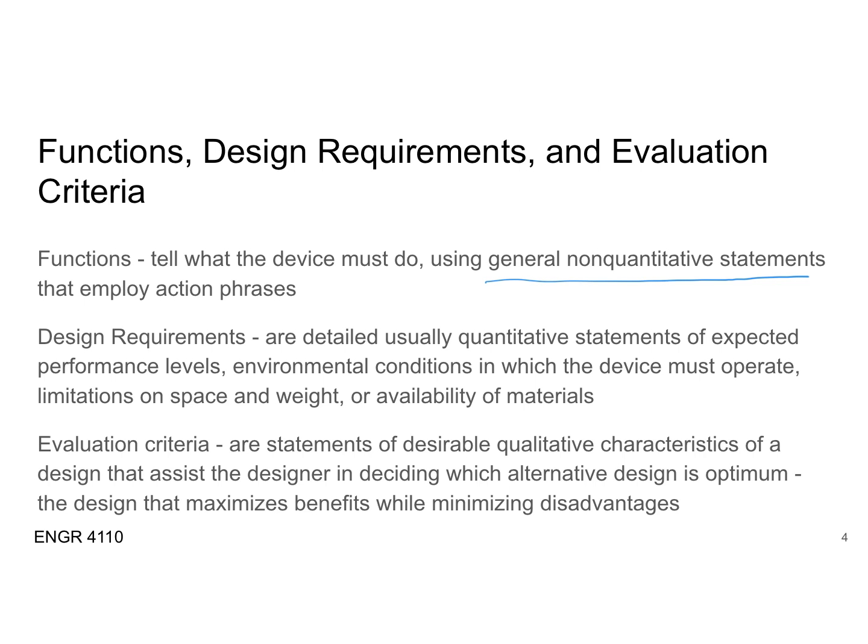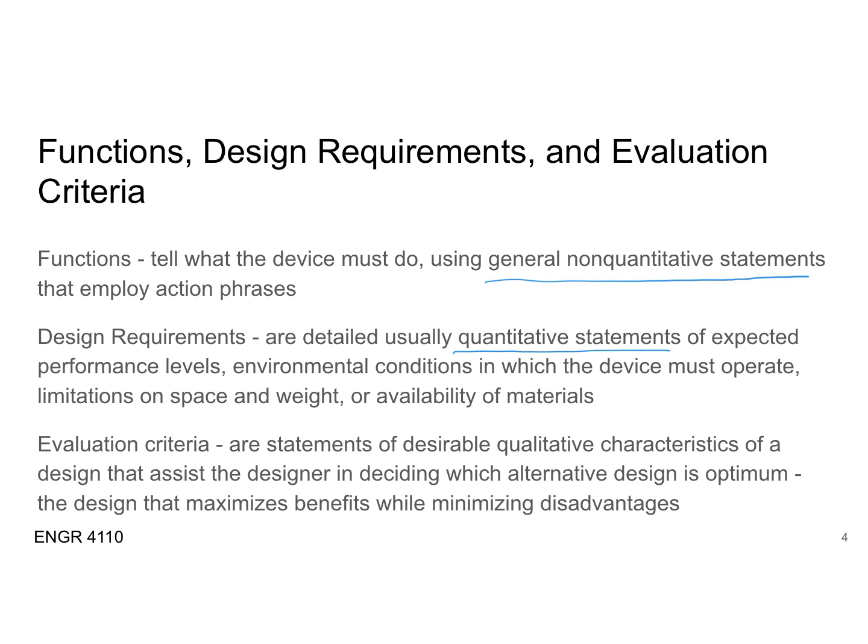In relation to functions, where functions are non-quantitative, design requirements are quantitative statements of expected performance levels, environmental conditions in which the device must operate, limitation of space, weight, or availability of materials or type of materials.